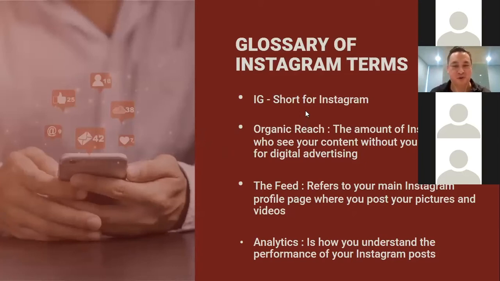I also refer to organic reach. Organic reach is basically, if you compare TV advertising, for example, one of the ways that TV advertising measures effectiveness is to see how many eyeballs are watching a TV ad, for example. So how many people see the ad?